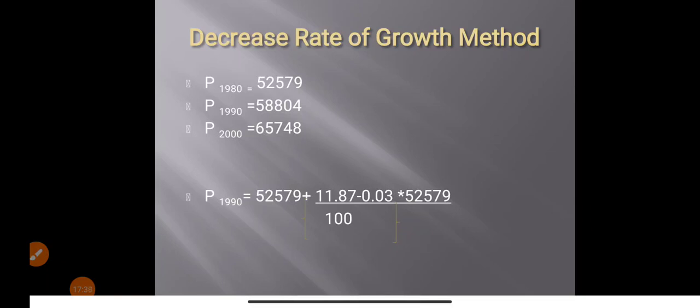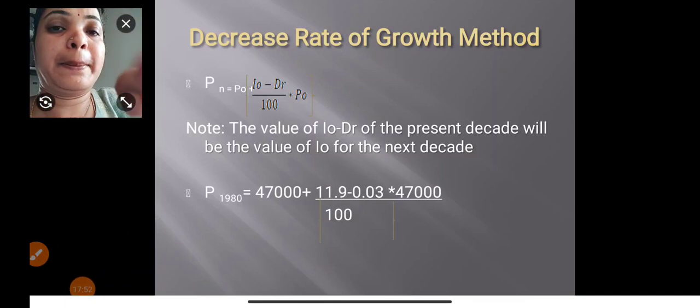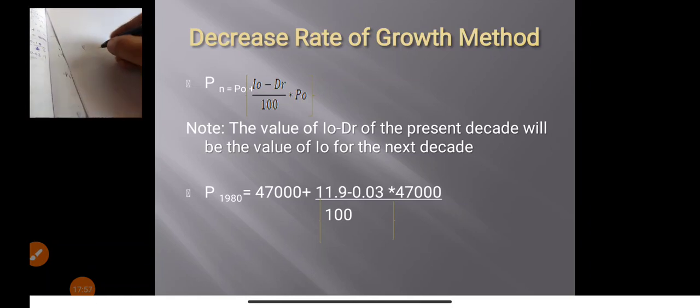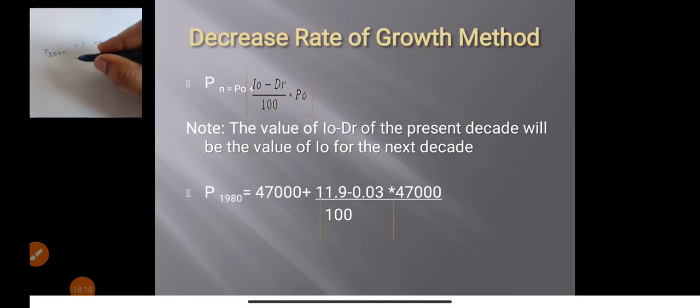So let us see. Look here. P2000 is equal to, what is the value we have received? 58,804 is the population of P1990.